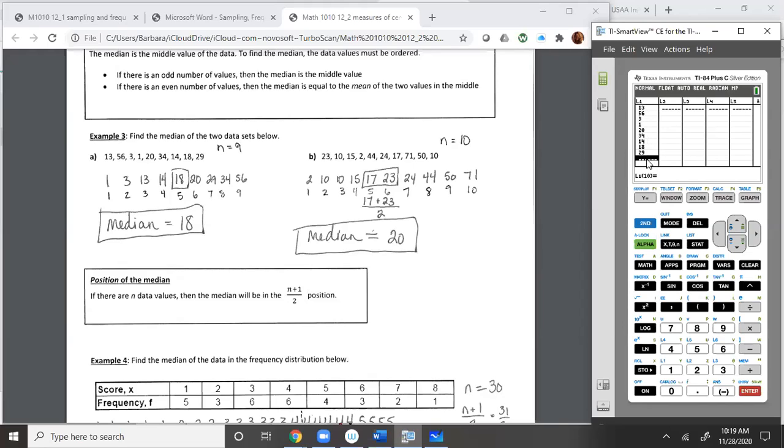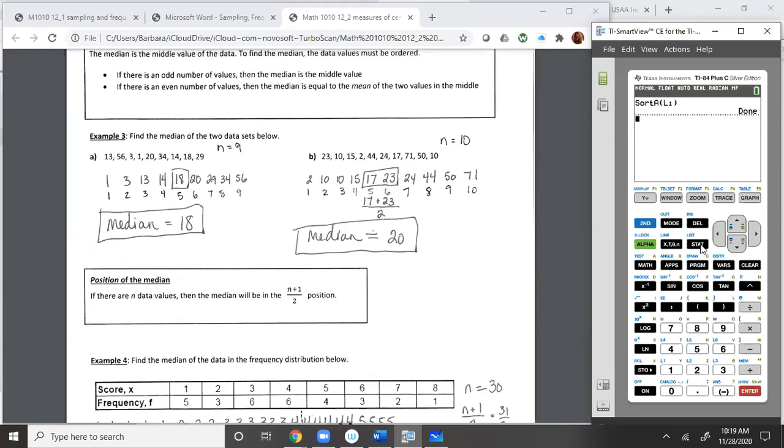All right, so once you have all the data in L1, we're going to order them by pressing Stat, Sort in ascending order. So we scroll down to 2, hit Enter. Here it's asking what list I want to sort. Press second 1, Enter, and it says it's done.